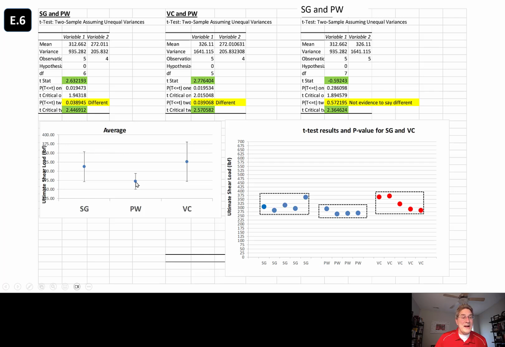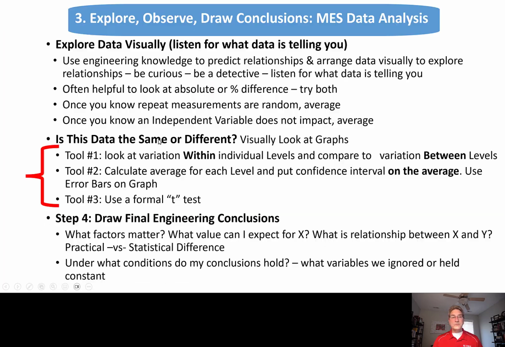Yeah, I would be pretty okay saying PW was different. VC and PW, same thing, about a 4% chance. And then look at SG and VC. There's a 57% chance. We already knew that, remember? We saw that in this graph, we saw that in that graph.